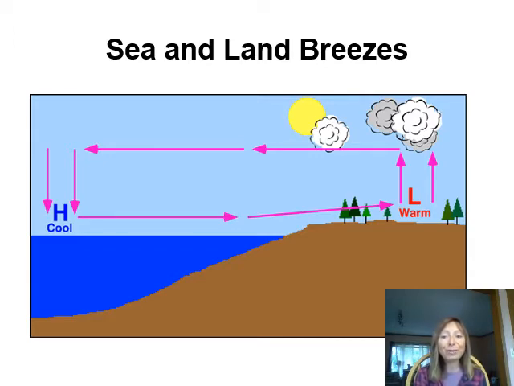If you have ever been on the beach, you know that in the daytime the land warms up much faster than the surface of the lake. As the land is warmer and the lake is colder, we see a steady high pressure zone forming over the surface of Lake Michigan, and a low pressure zone forming over the land.